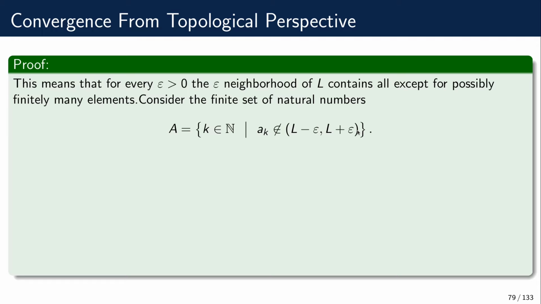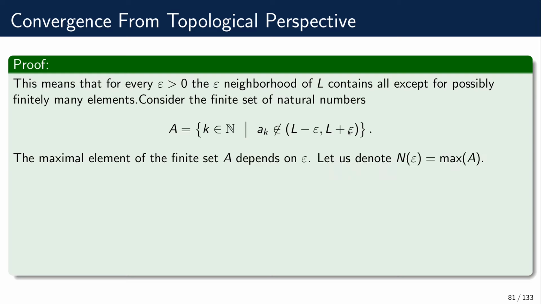Since a_n converges according to this definition, this set is finite, and every finite set has a maximal element. Now, the maximal element of this set A may depend, of course, on epsilon. So let us denote the maximum element of A by n(epsilon).